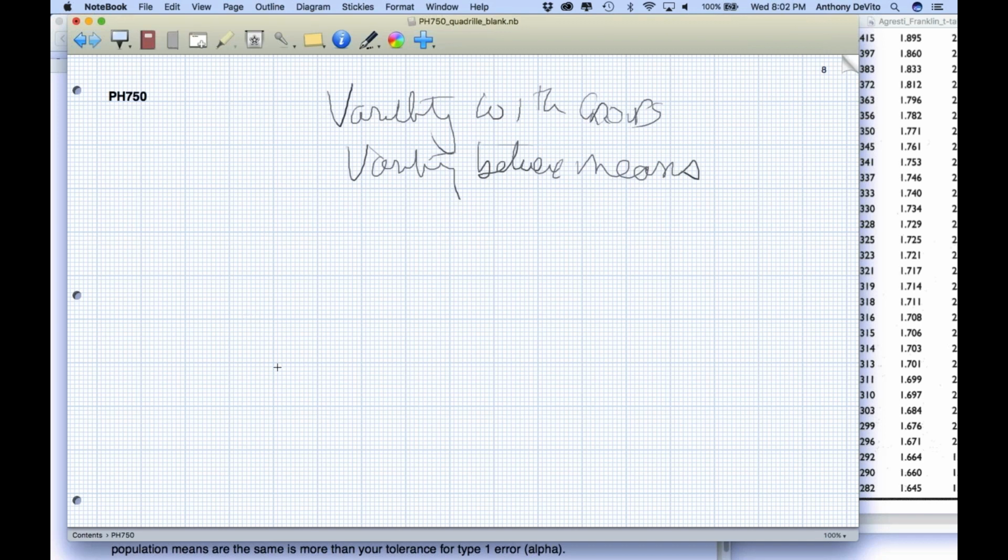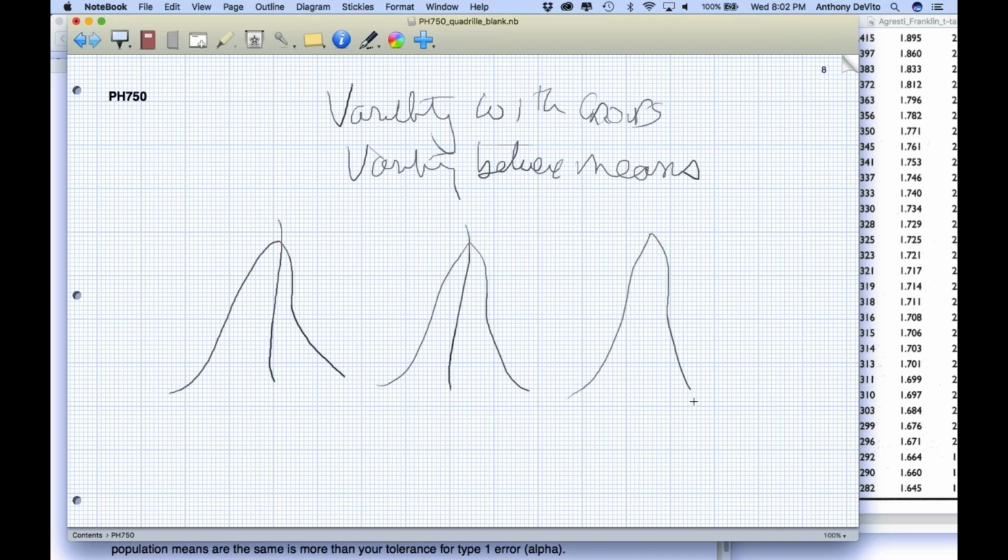Okay, well, what does that mean? That means that I can have a situation where this is one mean, this is another mean, this is a third mean, where the means are so far apart it's easy to tell the three groups are different, right? So if the means are far apart, that's a good thing. It's easy to prove that the three groups are different.